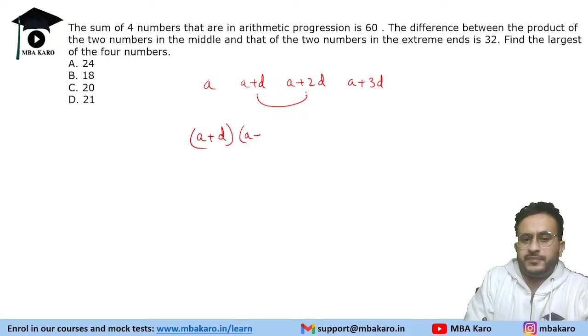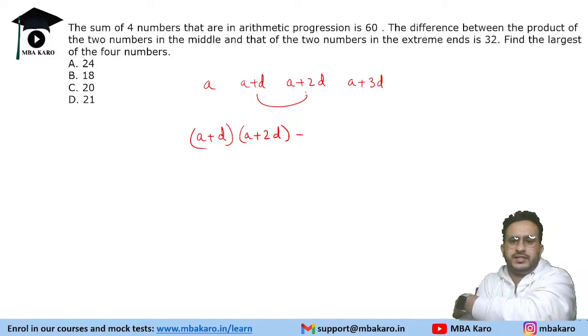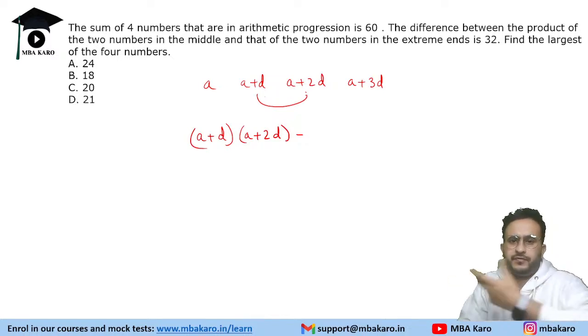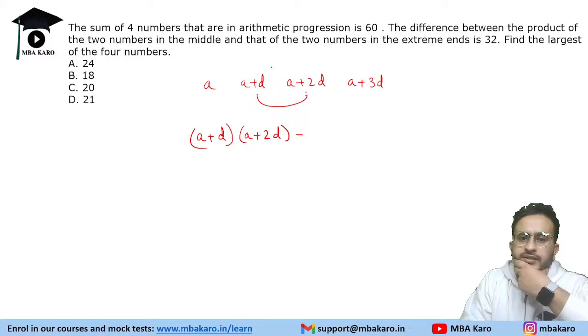a plus 2d, right? Minus the sum of four numbers is 60. So we know that four numbers, 4a plus 6d is equal to 60.